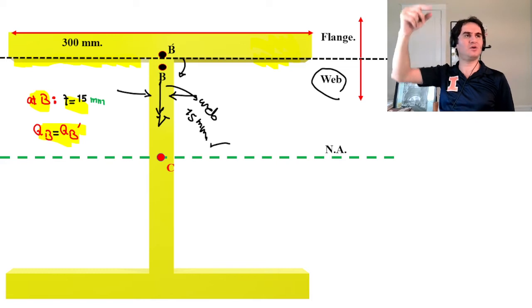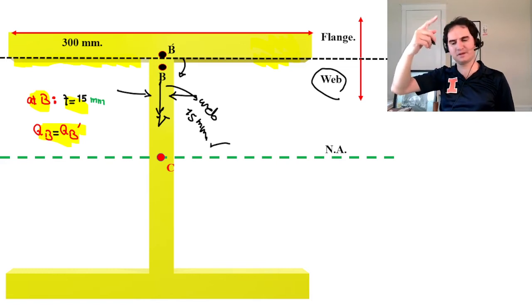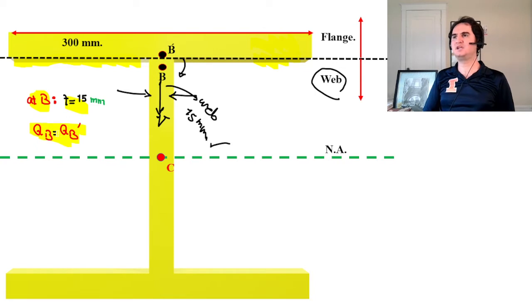It still goes for the first moment of area for the top flange. So QB remains equal to QB prime, because you just climbed a bit lower, so the area remains the same, but the thickness for shear changes.